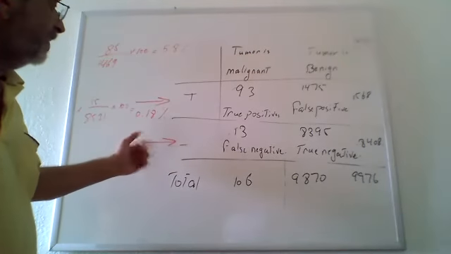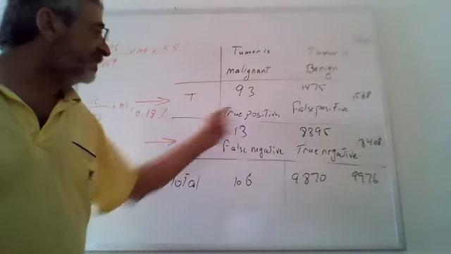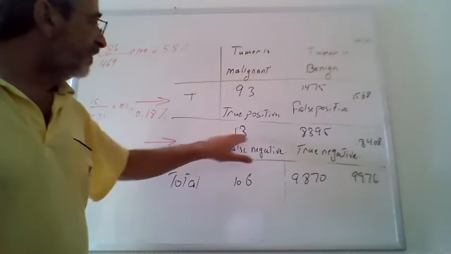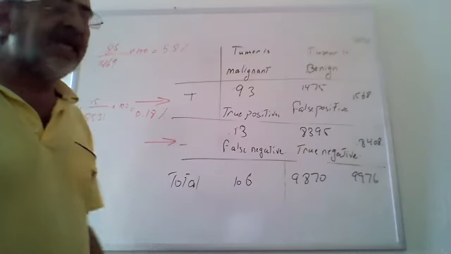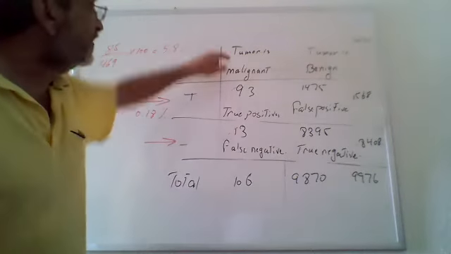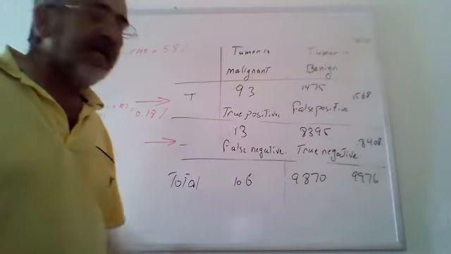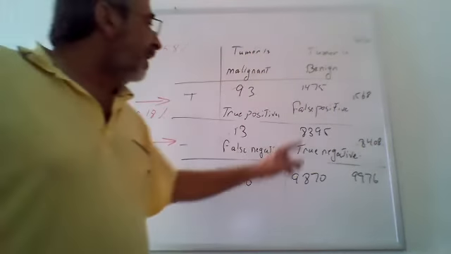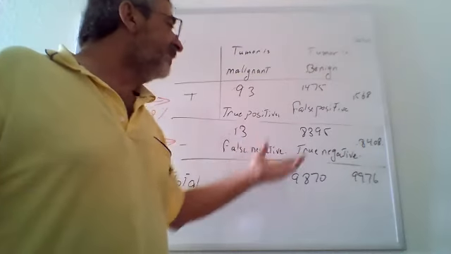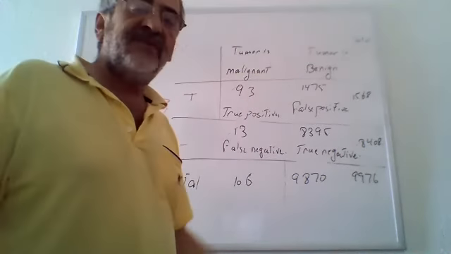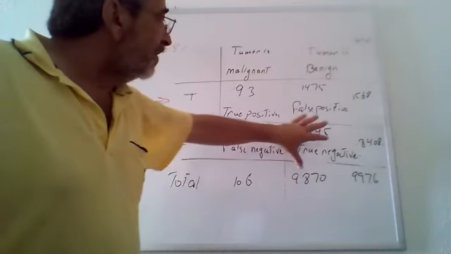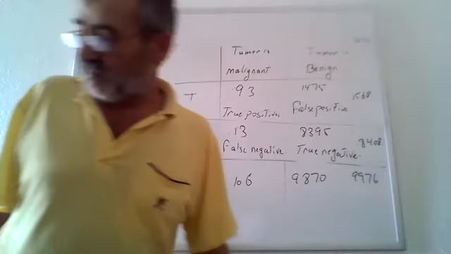Those 13 tested negative, yet they do have the cancer, so their test was not true. So it is false negative. And 8395 did test negative and they didn't have the cancer, so those are true negative.